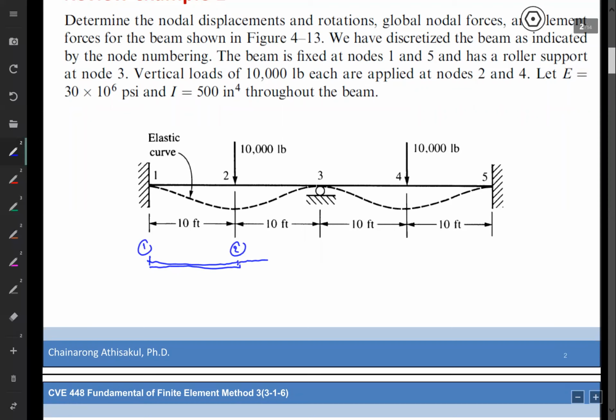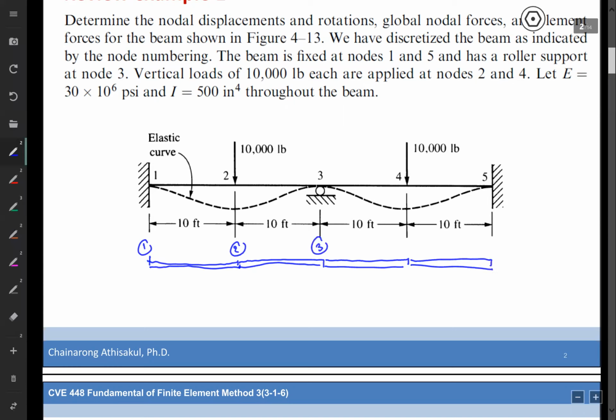We discretize it into 4 elements because the nodes of the system are at the same positions as the applied load and the supports. And according to this, we have 4 elements like this.